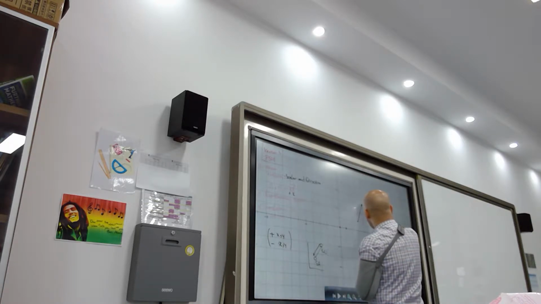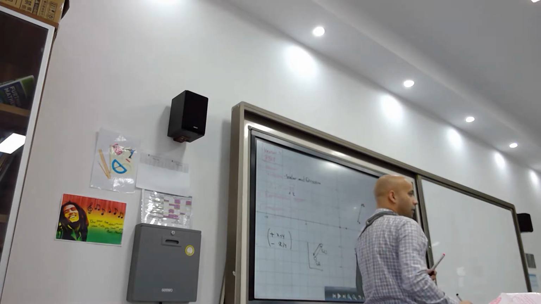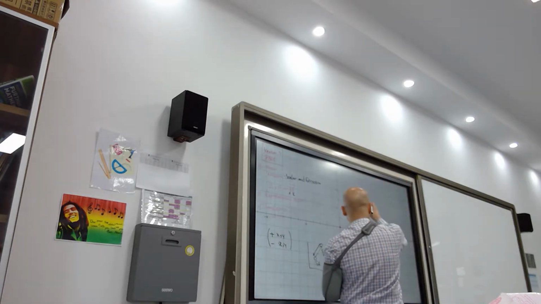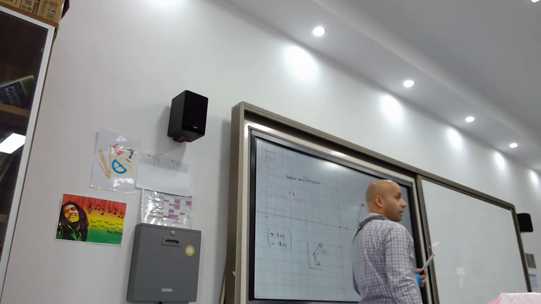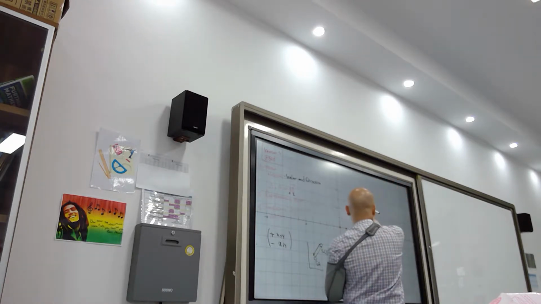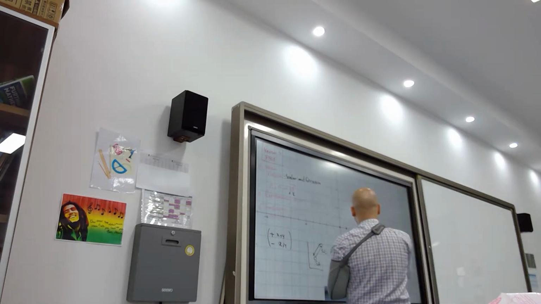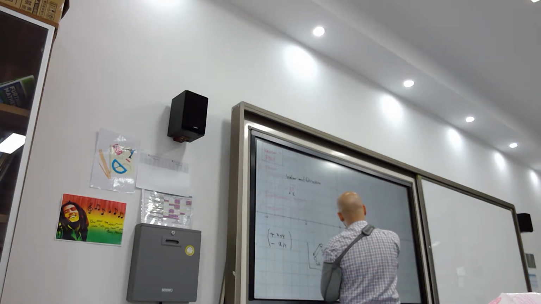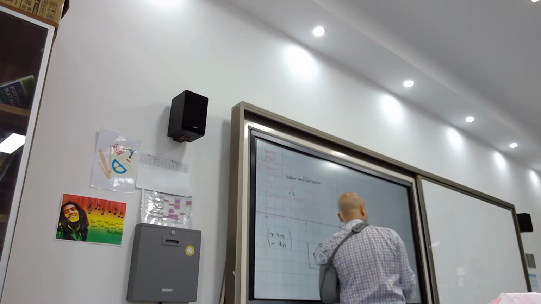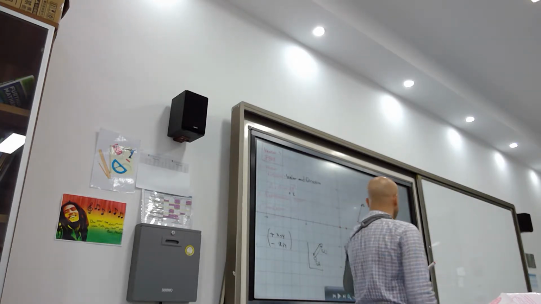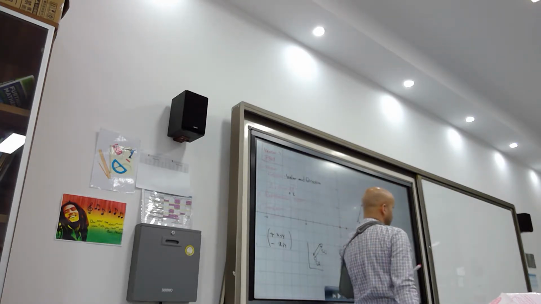This is point A, this is point B. Then you have the length as a line, and you have a direction on the end. Now what you need to write, you write down the vector AB. It's starting from A to B.